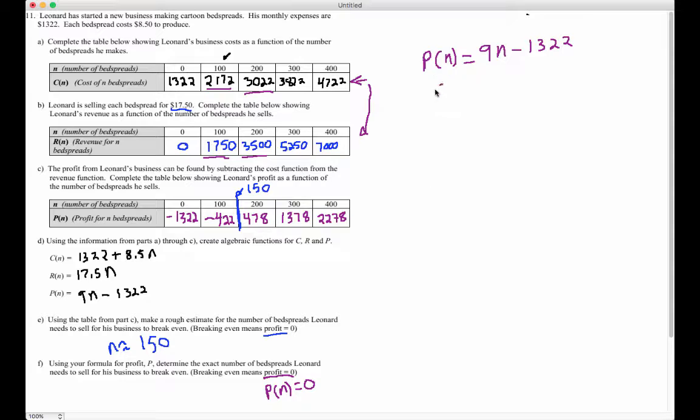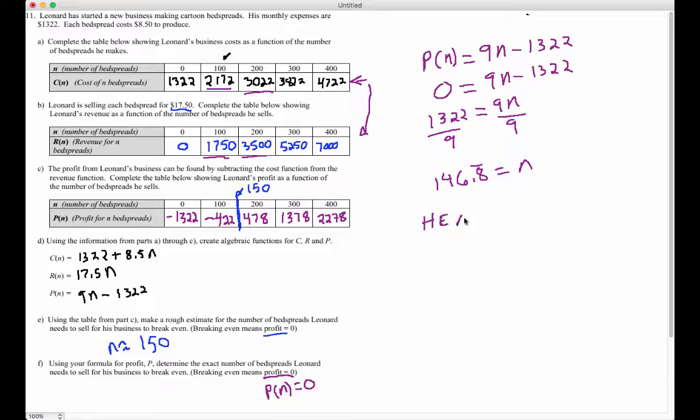So if I do that, that means that 9n minus 1,322 is equal to 0, or 1,322 is equal to 9n. Divide both sides by 9, and we end up with 146.8 repeating is equal to n. So lender needs to make about 147 bed sheets to break even.